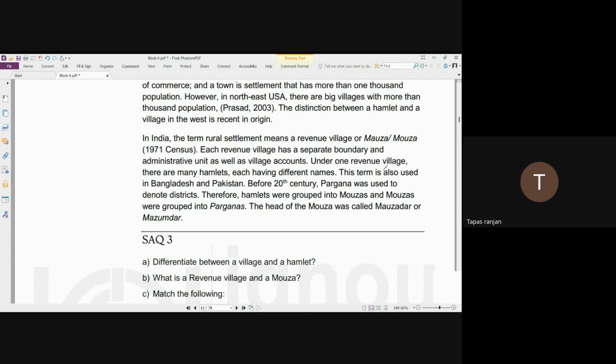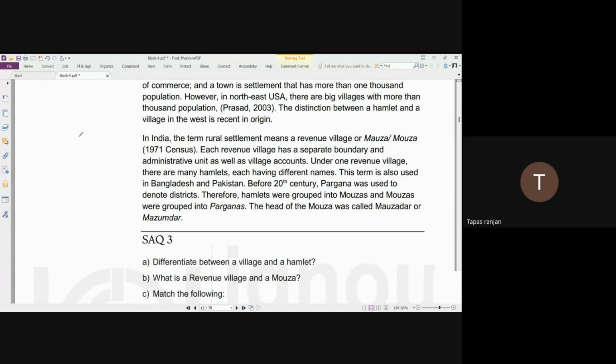Under one revenue village there are many hamlets, each having different names. Just like within one village or one gram panchayat, you will be having different padas, or different hamlets, inhabited by people from different social strata.